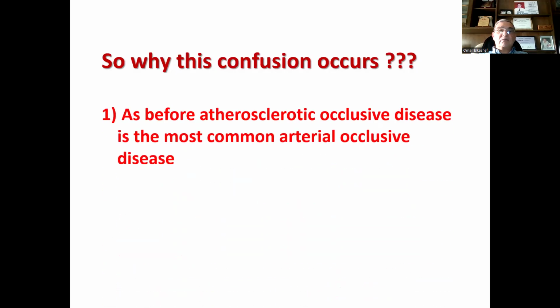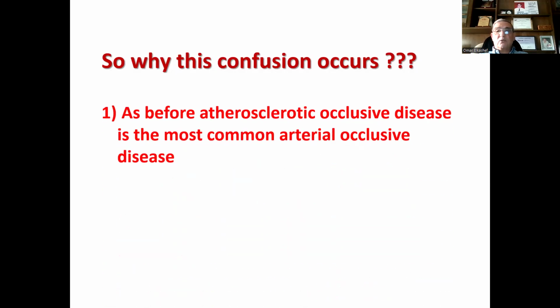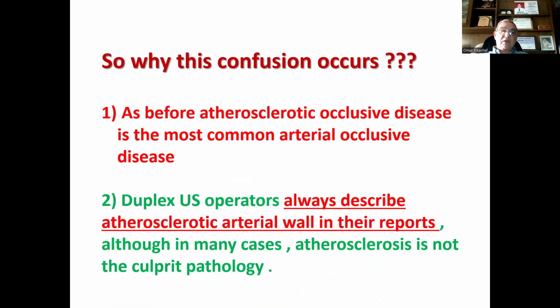This is because, as before, atherosclerotic occlusive disease is the most common arterial occlusive disease. This is number one. But number two, duplex ultrasound operators always describe atherosclerotic arterial wall in their reports, although in many cases atherosclerosis is not the culprit pathology.